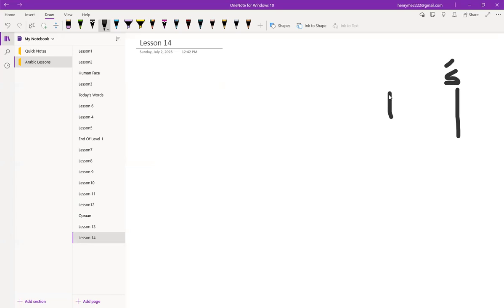And if it comes after a letter that has fatha on it, we'll take an example so you guys will understand. The same word that I showed you earlier, and you will see it in the Quran many times.